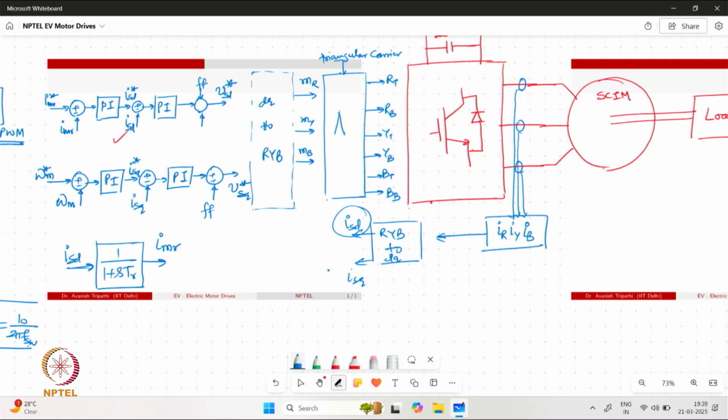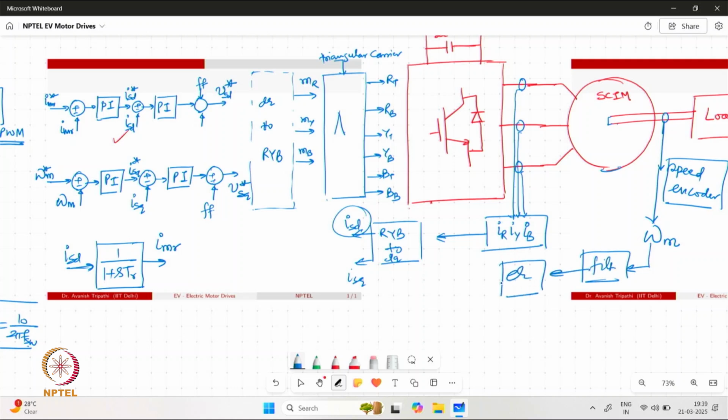Once we go ahead taking the feedback of the speed, there are basically two options. One, we may have some kind of speed encoder installed on the machine, which may provide us the value of omega m directly, which after filtering and necessary conversion to electrical radian per second can be fed to omega m.